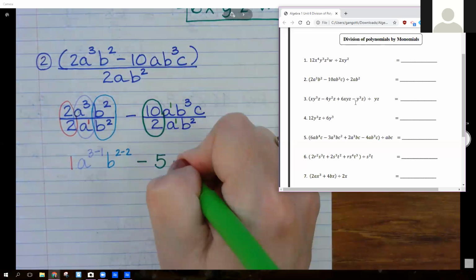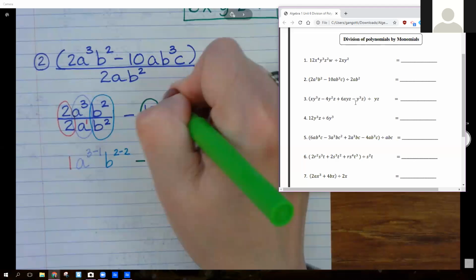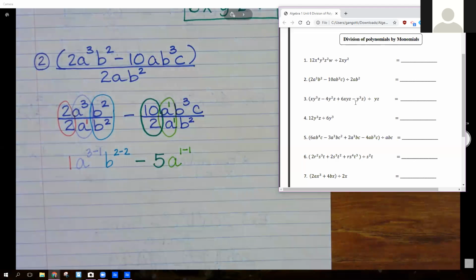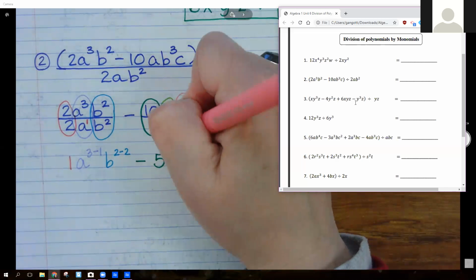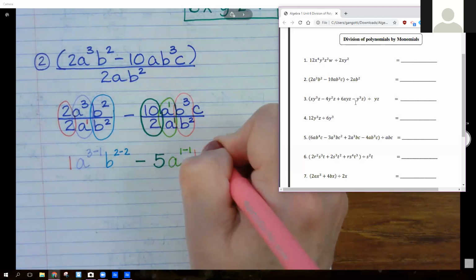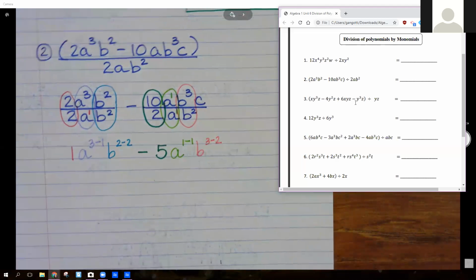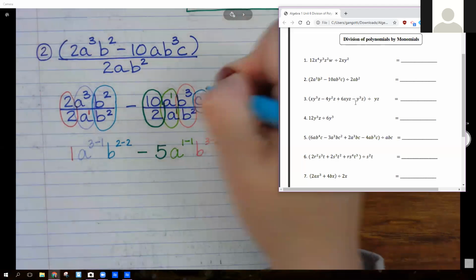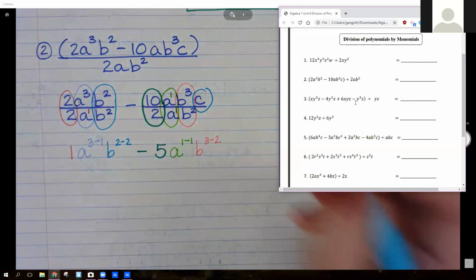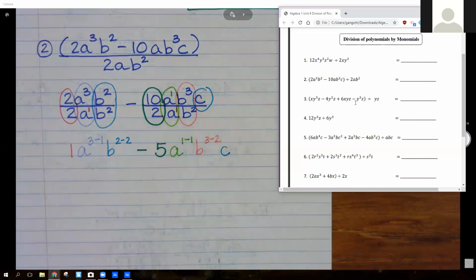So this would be a to the 1 minus 1. And then you got these b's right here. So this will be b to the 3 minus 2. And then you got this little c hanging out here all by himself, and there's no c's in the bottom. So you just put a c at the end of your answer.